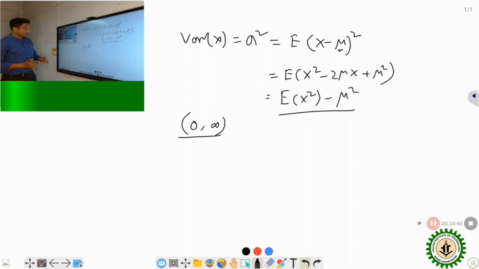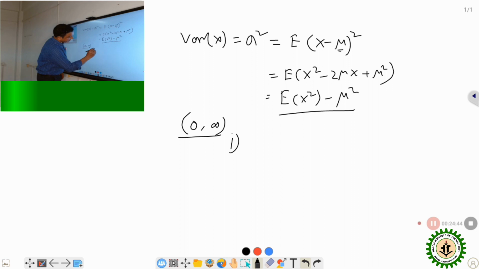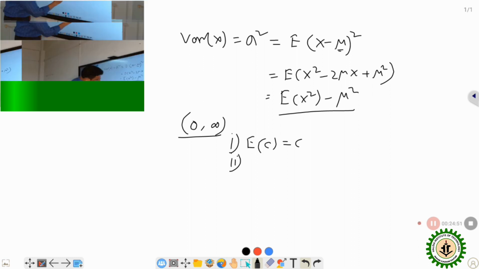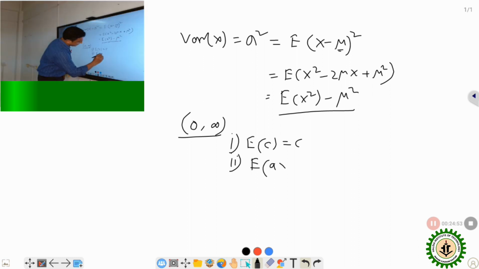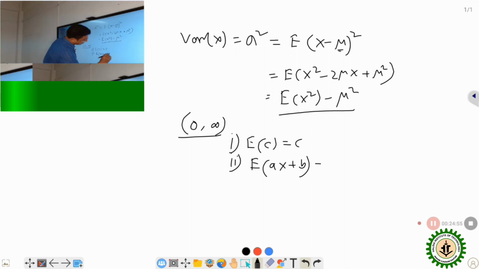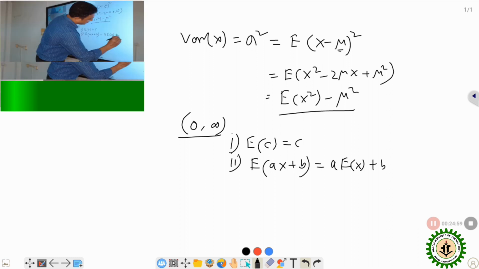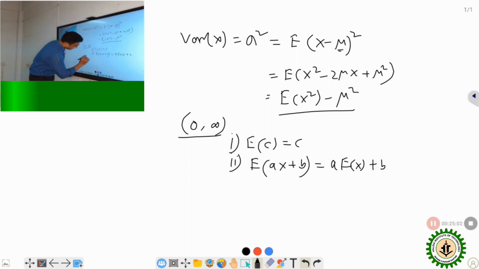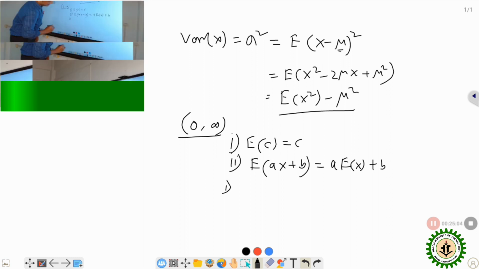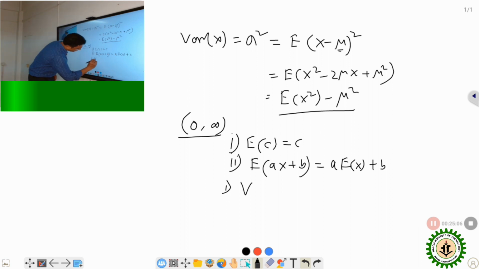Next, we will discuss some properties. Properties of expectation. Number 1, expectation of a constant equals the constant, since it is not changing. Expectation of ax plus b equals a into expectation of x plus b. And the variance properties: number one, variance of a constant equals 0.